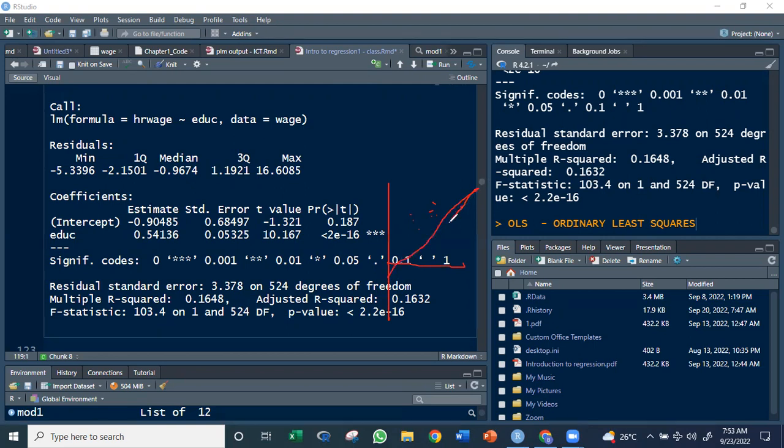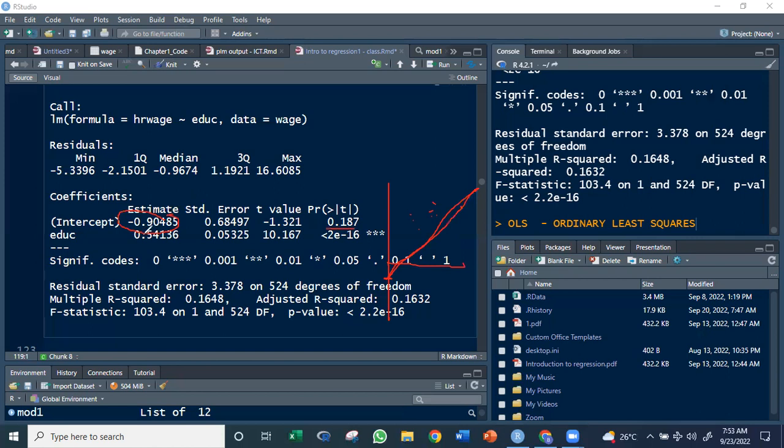If we do not include the intercept, even if it's not significant, what we're doing is that we are making the model cross the origin.